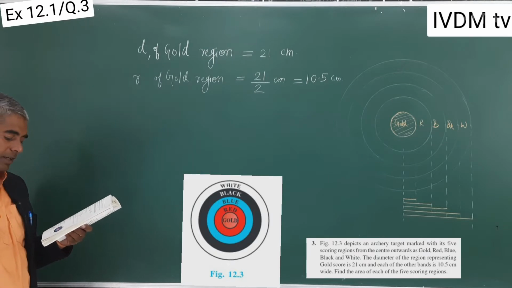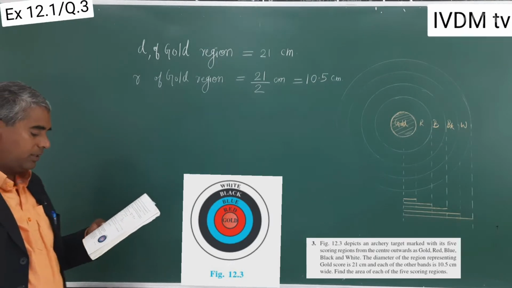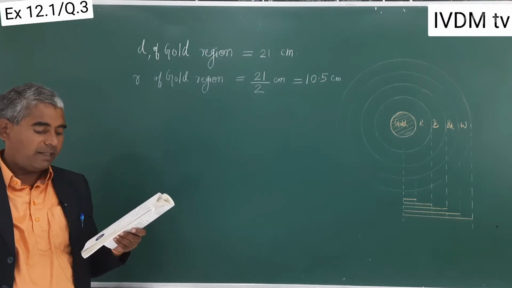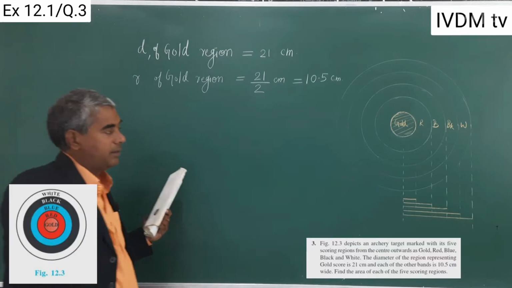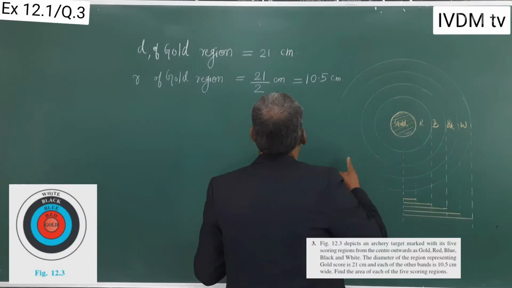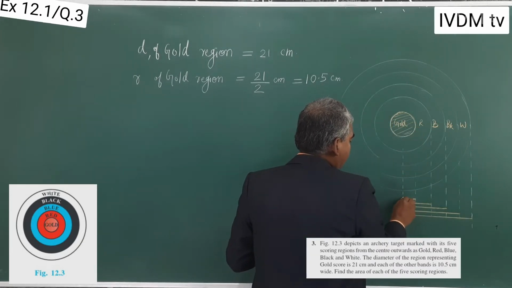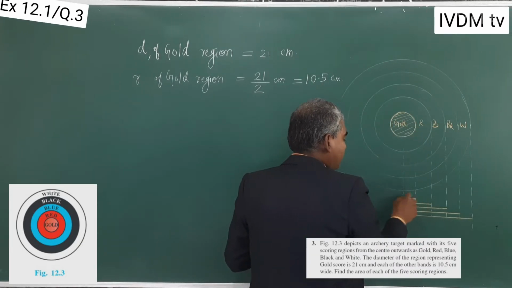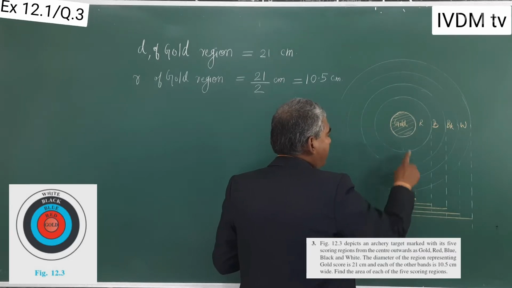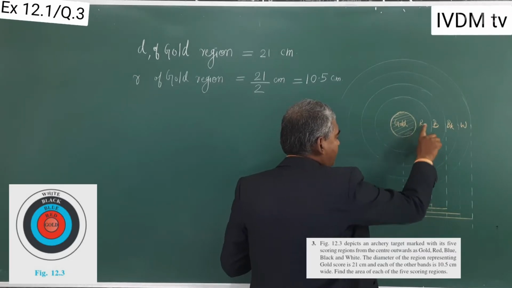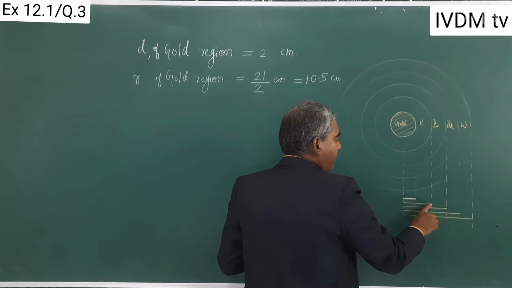The diameter of the region representing gold score is this. Each of the other bands is 10.5 centimeter wide. Actually, the radius of this gold, this is the first radius, this is 10.5. After that, the width is again 10.5.